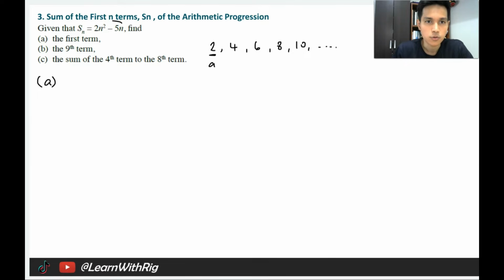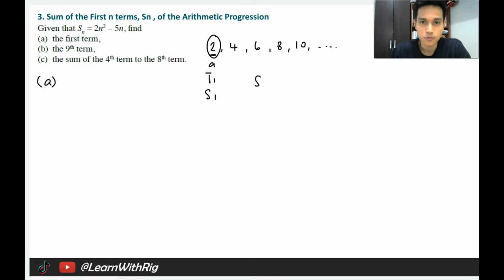But in this case, they only gave you the formula, so you don't know the sequence. But what you know is that this a value, which is also T1, should be equal to S1. Why? Because S1 means the sum of the first term, so the first term is actually the term itself. There's nothing to add up.